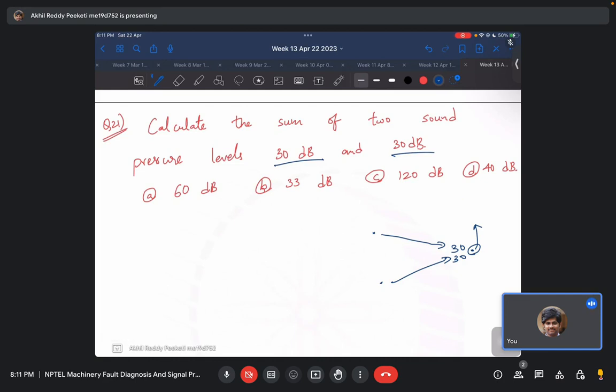There is a direct formula for this, which we derived and discussed in week 7's lecture, I think March 13th. So what is that formula?